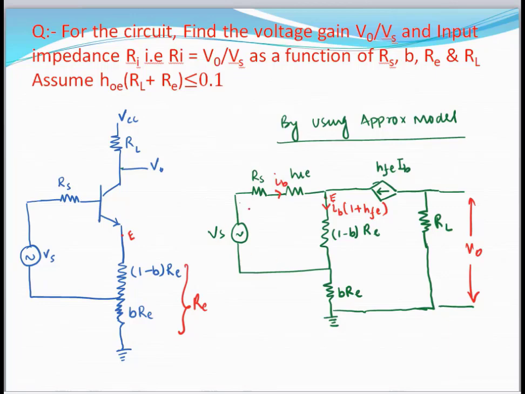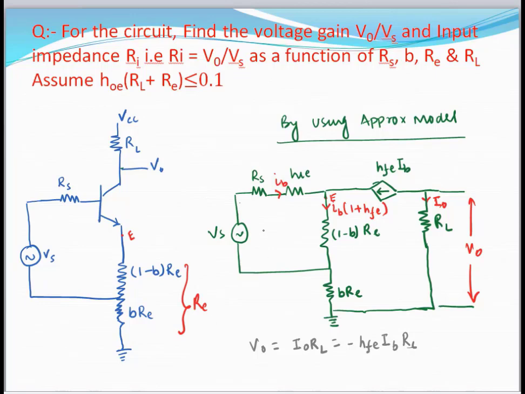So we can write V naught is equal to I naught RL, and I naught is the negative of hfe IB, so V naught is equal to minus hfe IB RL.